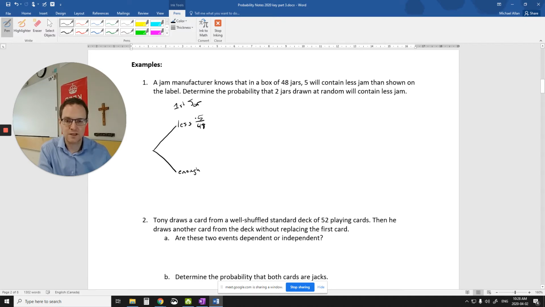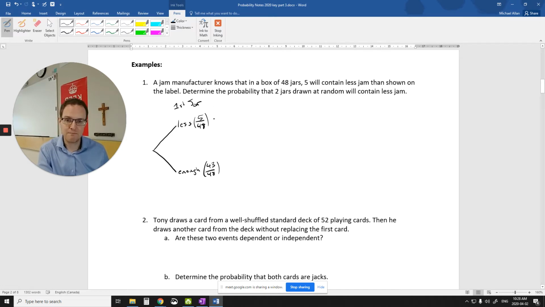So it's 5 out of 48. The probability of getting just enough is the other side. If 5 jars have less, then 43 jars out of the 48 have enough. So those are the two different probabilities.